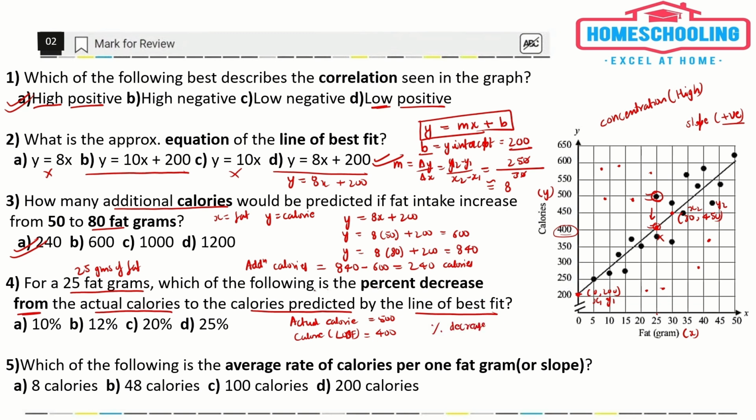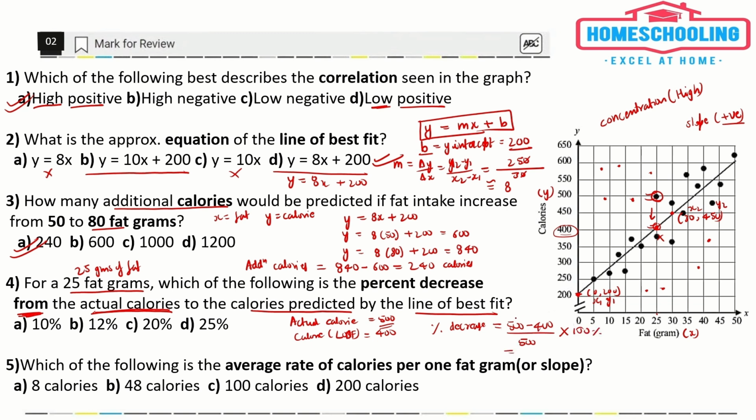As we can see in the question, it asks for the percentage decrease from the actual calorie. So our actual calorie is 500. The percentage decrease is 500 minus the calories on the line of best fit, divided by 500, because "from" is given for the actual calories, so the base is 500, the actual calorie, multiplied by 100%.